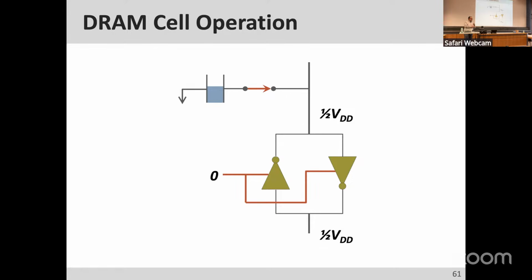But since the bitline is long and wide enough, its capacitance is larger than the capacitance in your DRAM cell. So when you do charge sharing between the capacitor in the DRAM cell and the bitline, the DRAM cell loses much more charge, and the bitline gains a little bit of charge because of the difference between their capacitor sizes. That causes a little increase in the bitline voltage.